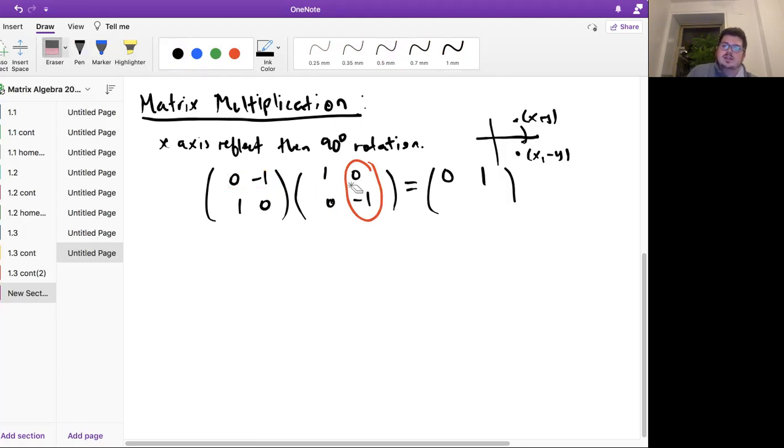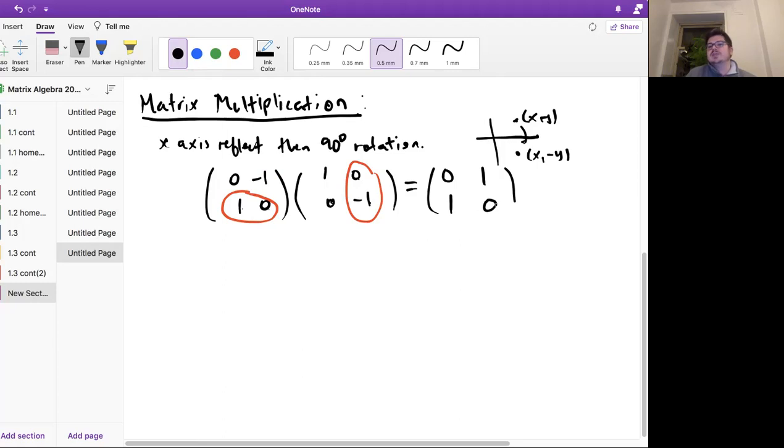All right, what do you get in the 2,1 entry? You get 1. And what do you get in the last entry? So 1 times 0 plus 0 times negative 1 is 0.